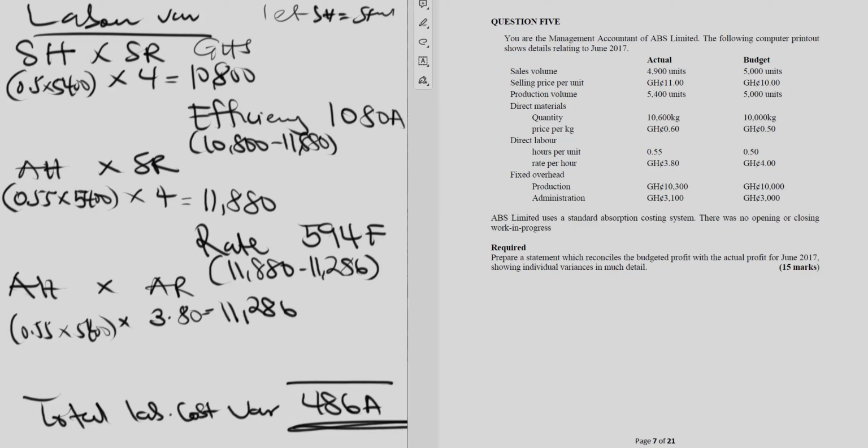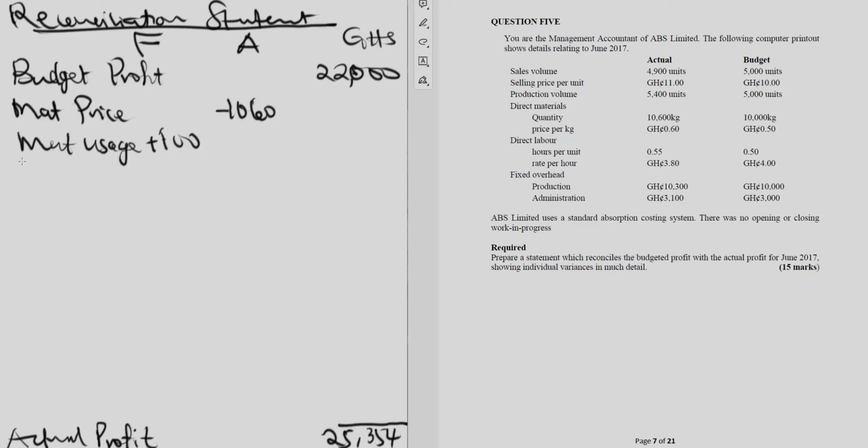So I come here and say, labor rate: the rate variance was positive 594. Then labor efficiency was adverse 1,080. So I put it in that column.